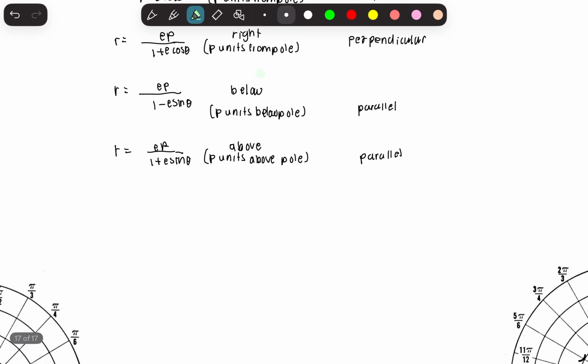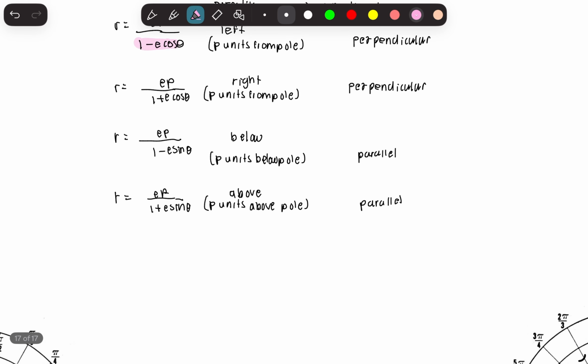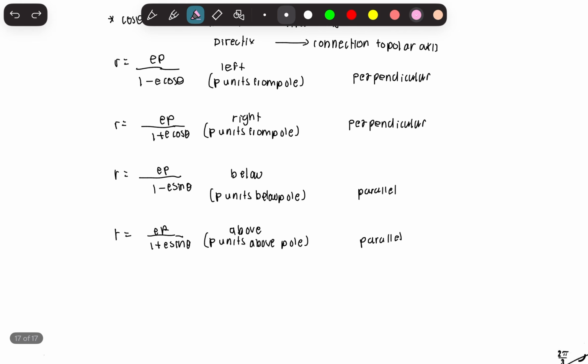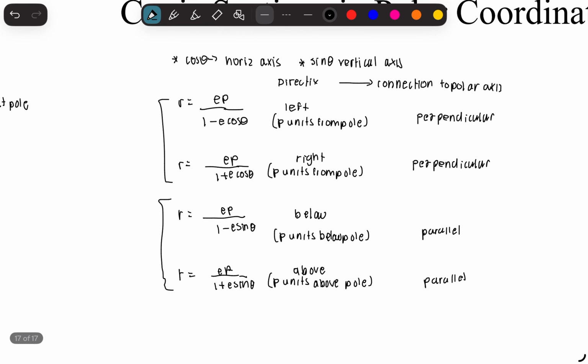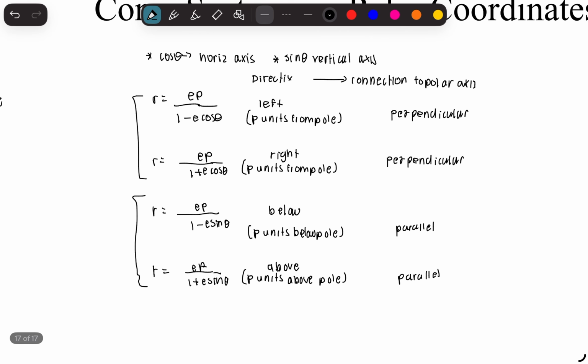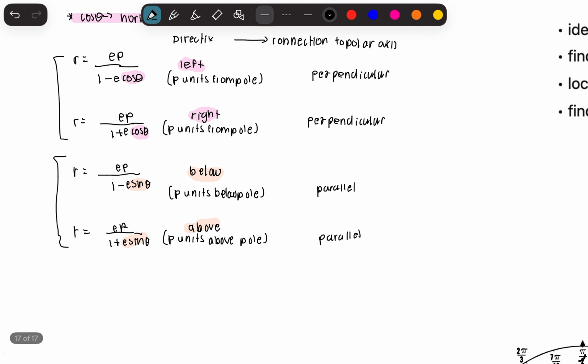So what you can see here is the main thing you're looking at is going to be what this denominator is. When you have cosine theta, it is always left and right, and when you have sine theta, it's up and down, as we can see here. So you see that cosine theta, left and right, and sine theta, we see below and above.